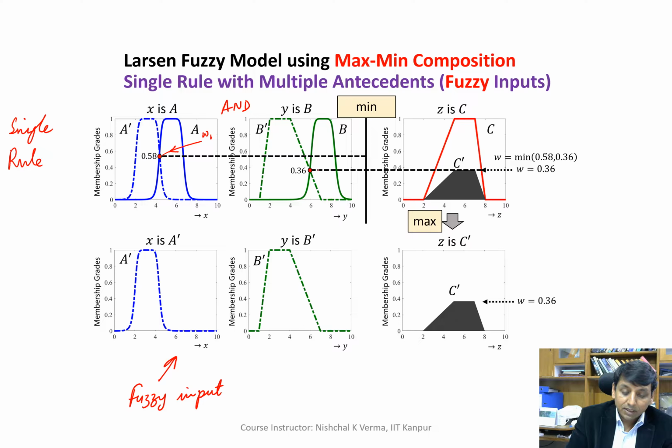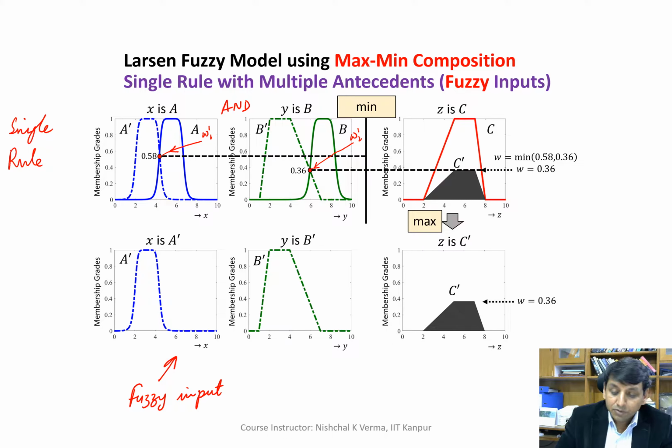And here we are getting another intersection, so let's call this W2 of rule 1. So I can write here W11 and W12.